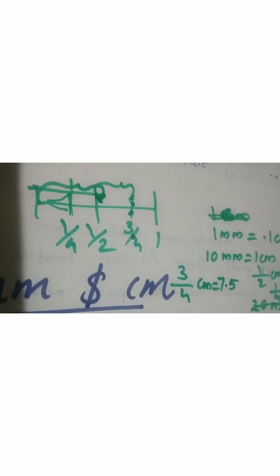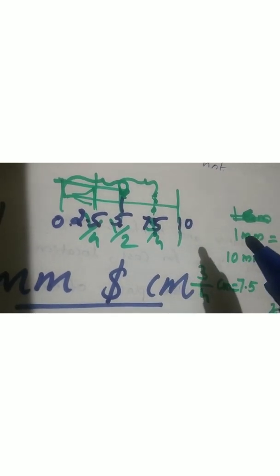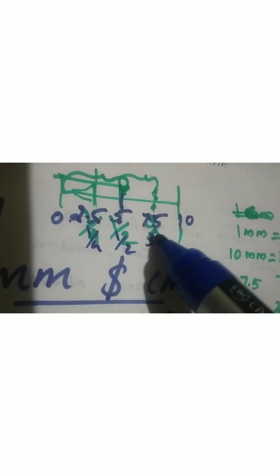Why? Because up to here it is 5. Then this one quarter means 2.5. Then this will be 0, 2.5, 5, 7.5, then 10. Like that way it is coming. So this is quarter, then half, 3/4, 1.